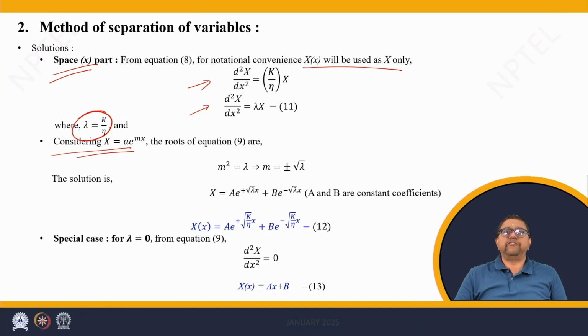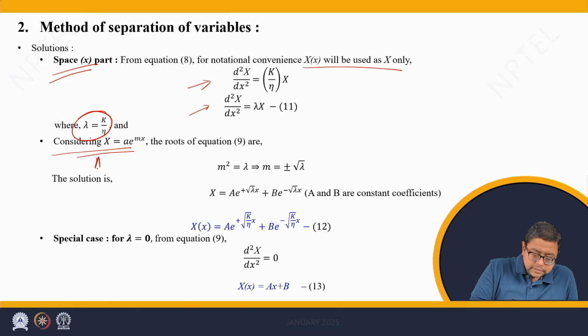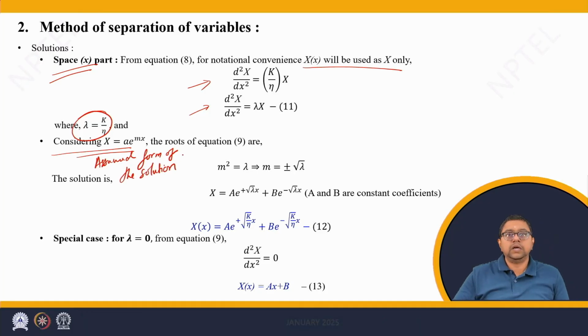This is an ordinary differential equation, so we assume the form of the function capital X equals A e to the power mx. This is the assumed form of the solution.